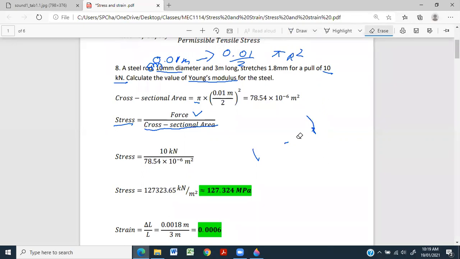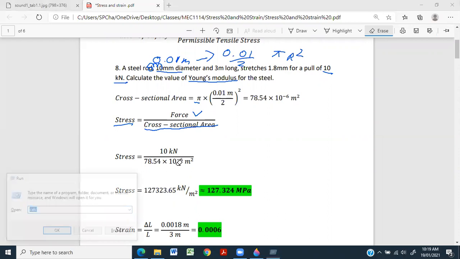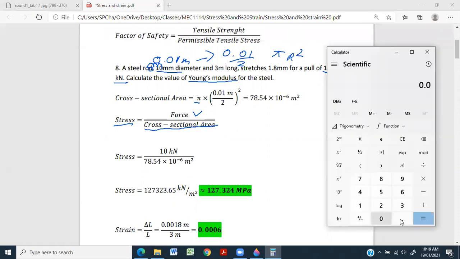Let me plug it into the calculator. So 0.01 divided by 2 equals 0.005.